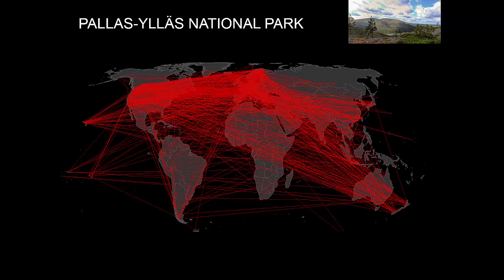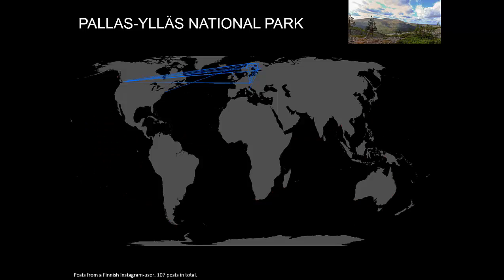What kind of people are those who come, for example, to that national park? They go to Hawaii, they go to Japan, they go to New Zealand, and maybe they are searching for something special. And then when you look more carefully at an individual, this is one person and his or her mobility patterns, so then already you can start to guess.